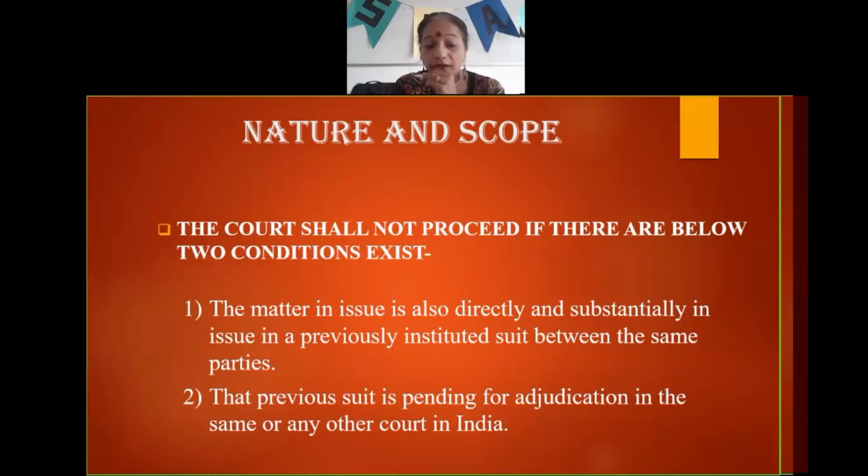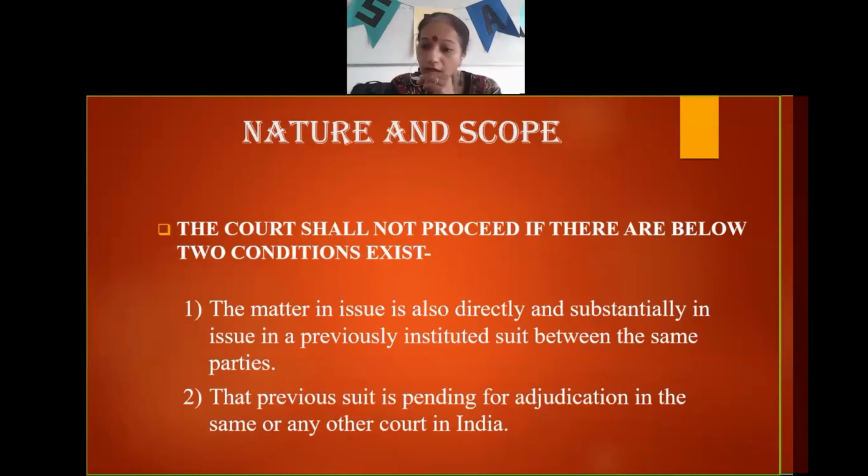Next point, what does the next condition say? That the previously instituted suit is pending for adjudication in the same or any other court in India. जो previously instituted suit है, that has to be actually filed for adjudication. Adjudication means what? Determination of the final rights between the parties.